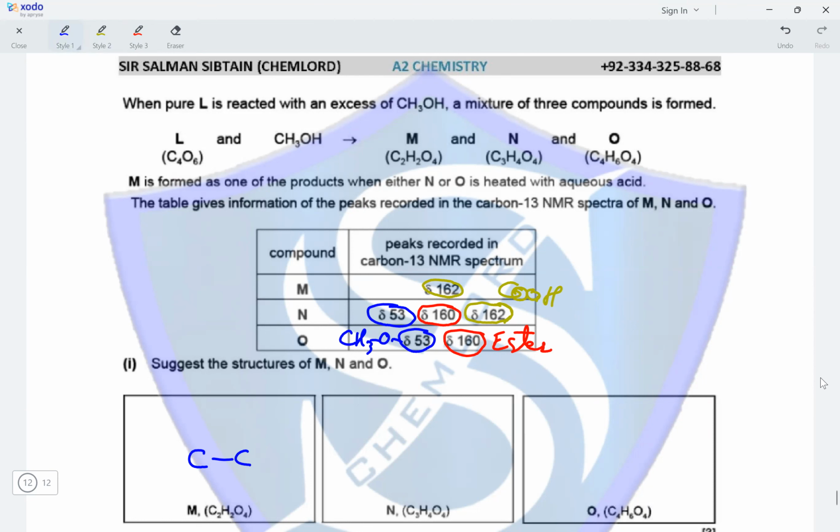Coming back to the structure of M, we've got two carbon atoms and both of them are carboxylic acids. So COOH and COOH. So this is oxalic acid or ethane-1,2-dioic acid. N has one carboxylic group, so this is the carboxylic acid group, and it also has an ester group. So C double bond O, single bond O, and a CH3 next to the oxygen atom.